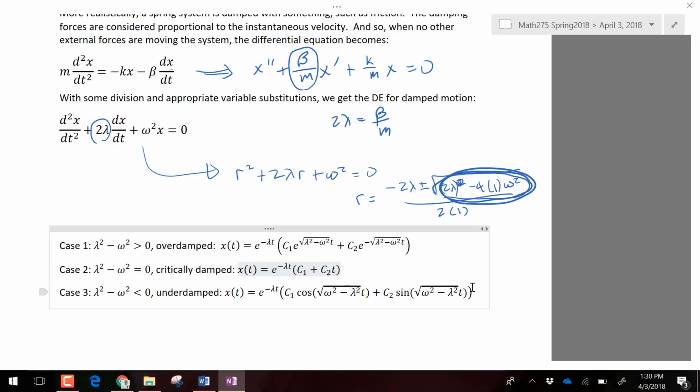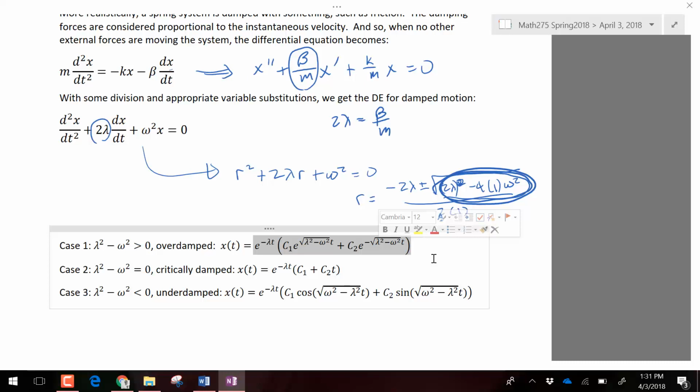So they have special names for these cases. The first is overdamped. If we take certain values for lambda and omega, overdamped just means it's going to squish down really quickly. That means there's too much damping and not much spring action going on.